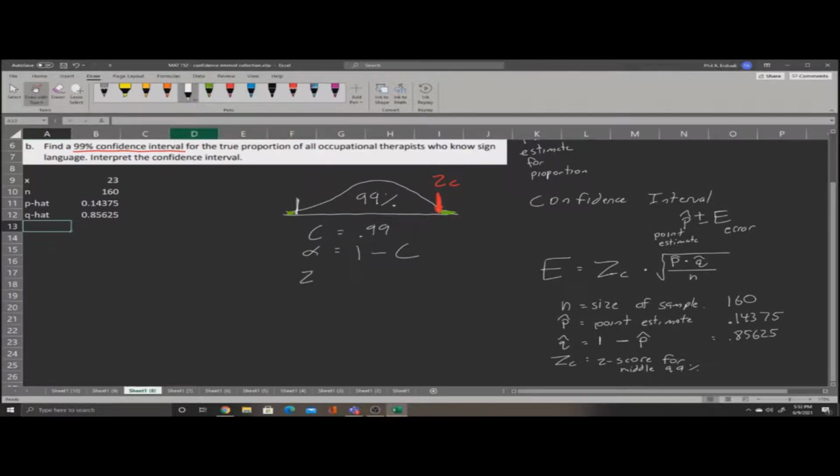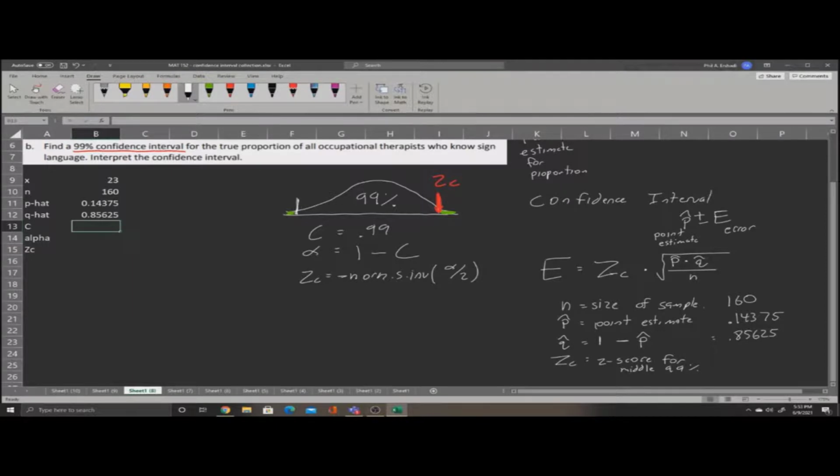We can find z critical after we find alpha by using this formula. Negative NORM.S.INV of alpha divided by 2. We divide by 2 because we have two tails of equal size. So, I'll demonstrate how to enter this into Excel. We'll make a field for confidence, a field for alpha, and a field for z critical.